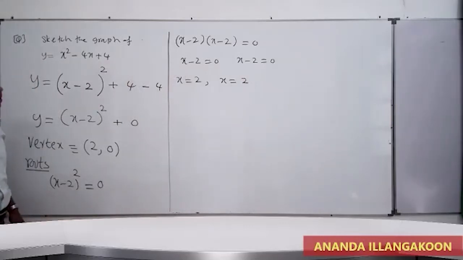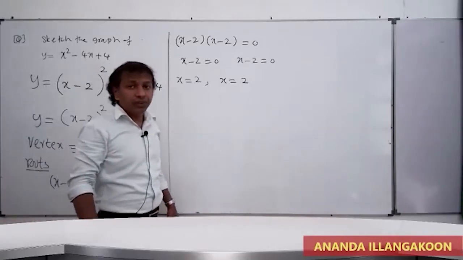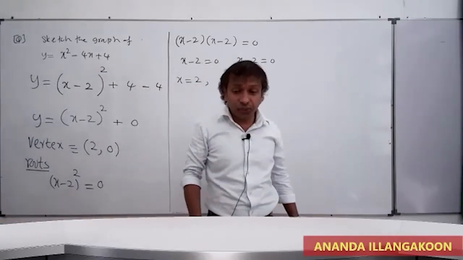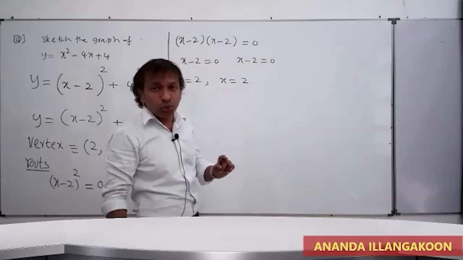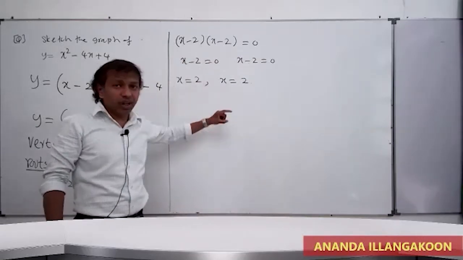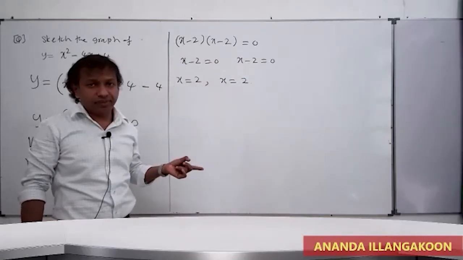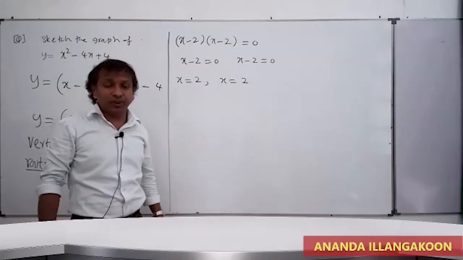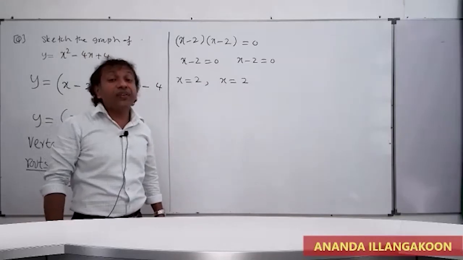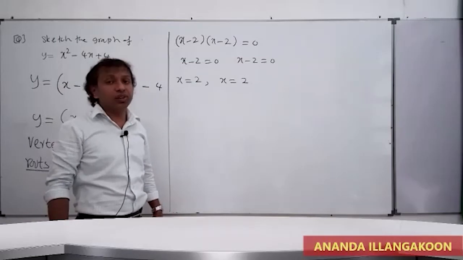The graph is a minimum one. The x squared coefficient is plus, no? Minimum graph. The roots are equal. The two roots are each 2. 2 is a real number. Therefore, the roots are real, and they are now equal, people. Equal real roots, or real equal roots.